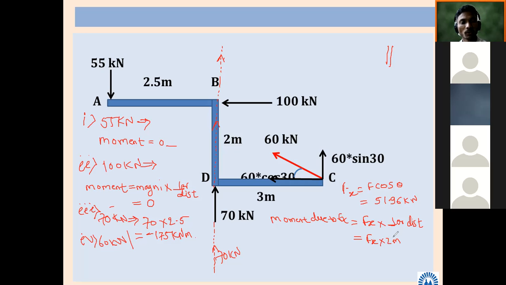So how are you going to remember that perpendicular distance, or how are you going to calculate? You have to just extend the line of action of apex force. If I extend by some other color, you will come to know that.